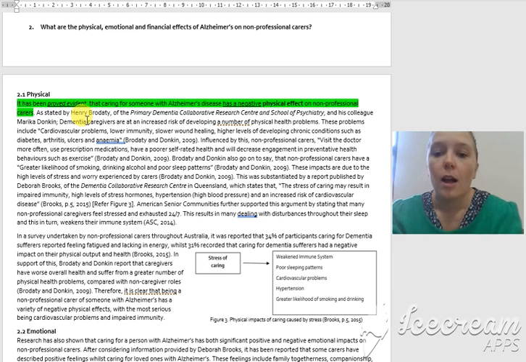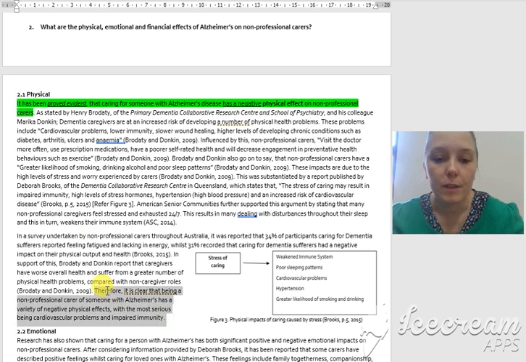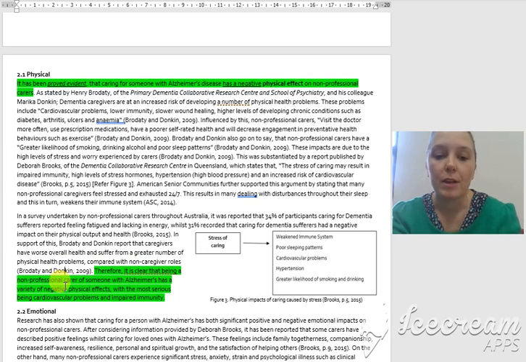What is really important though is that towards the end of this section, we have a really strong closing. So it's clear that being a professional carer or non-professional carer will have these impacts, and these are what they are. Just by reading her topic sentence and her link sentence of this section, I understand what her argument is.